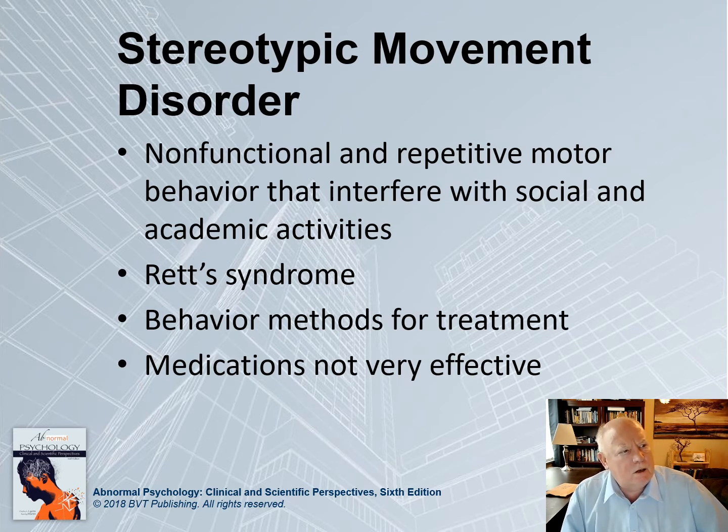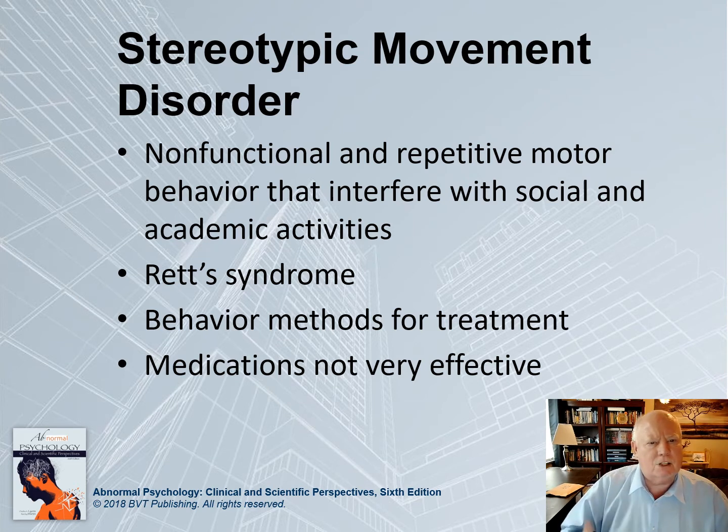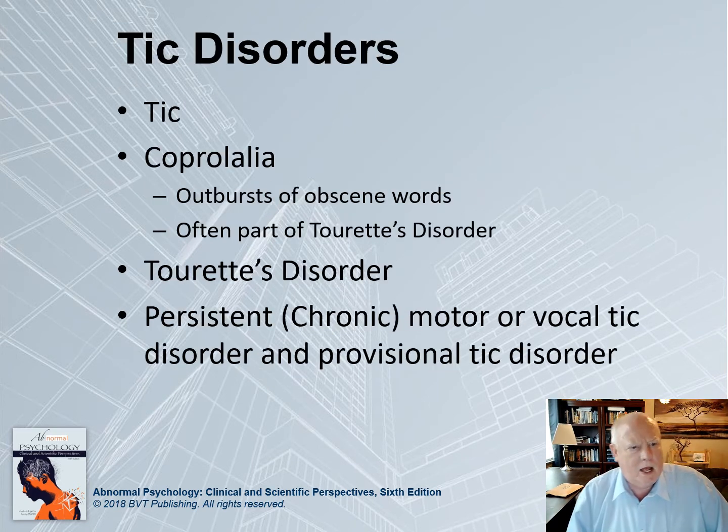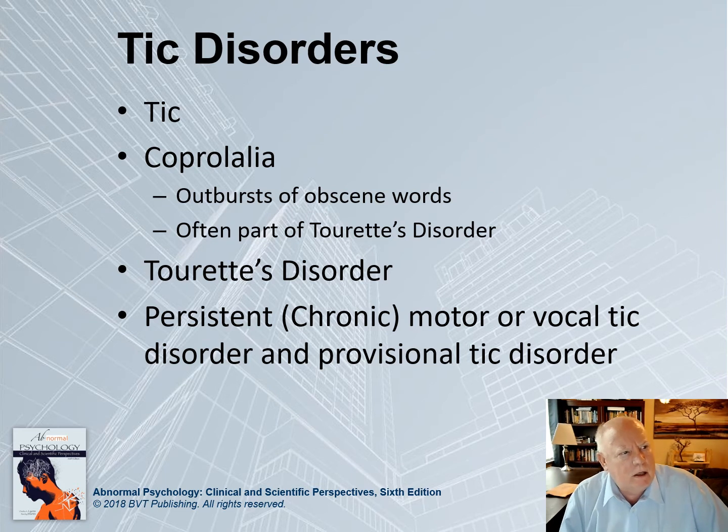Behavioral methods have shown themselves to be moderately effective. We tried a variety of medications. We often use medications when we have neurological problems that provide such stereotypic movement, but in stereotypic movement disorder, where there are not neurological functions, the medications we've tried at least don't seem to do much.